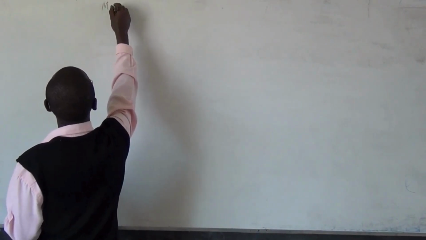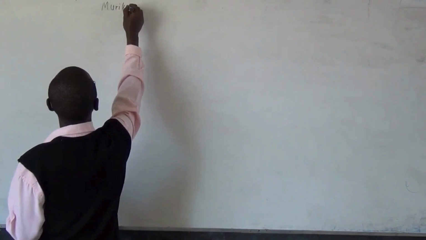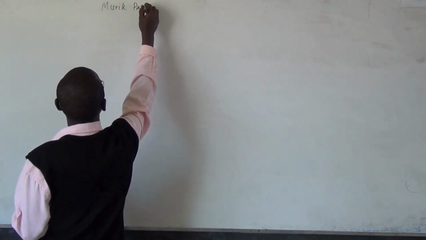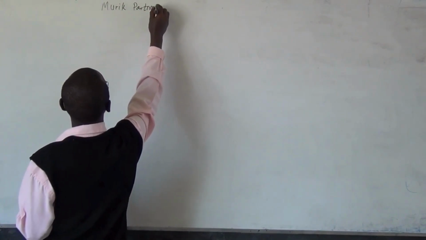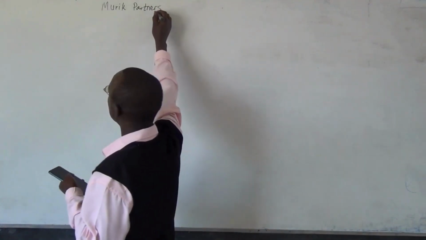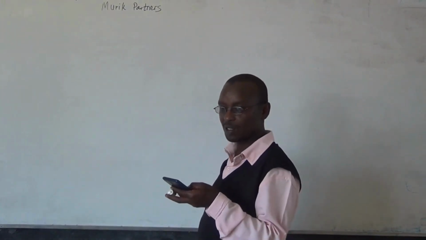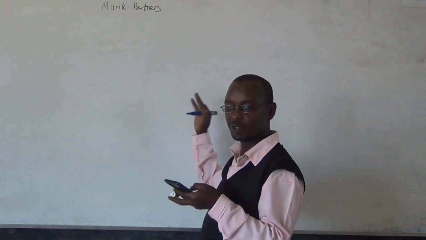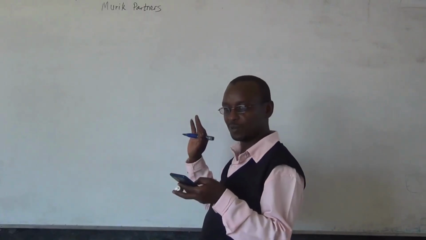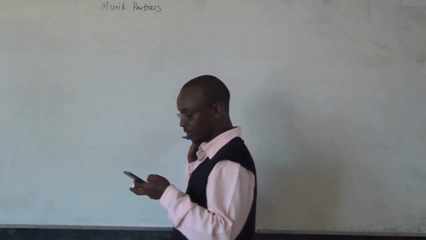When you operate a partnership business, this name is registered with the registrar of business names, and that name is reserved specifically for you. So, Murika Partnership.